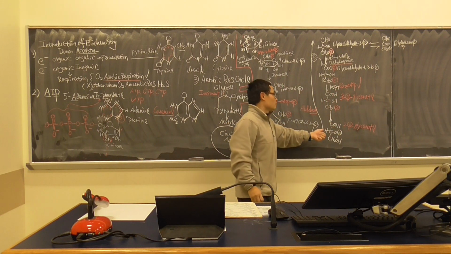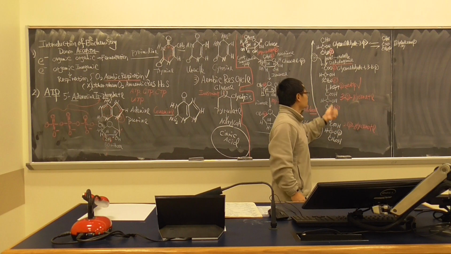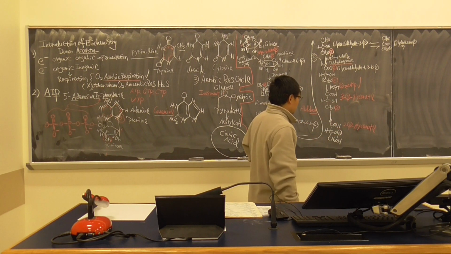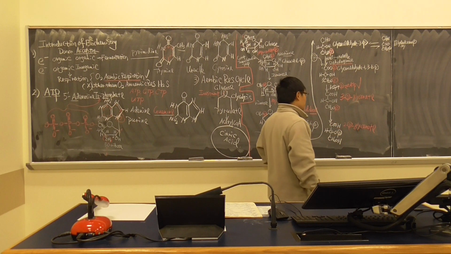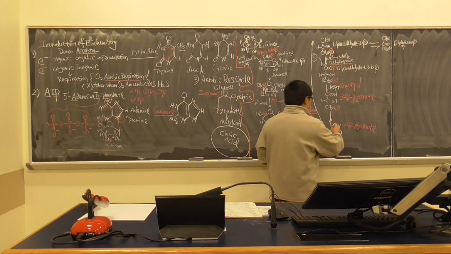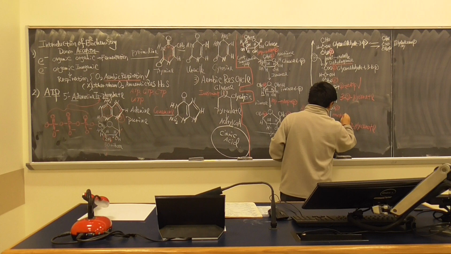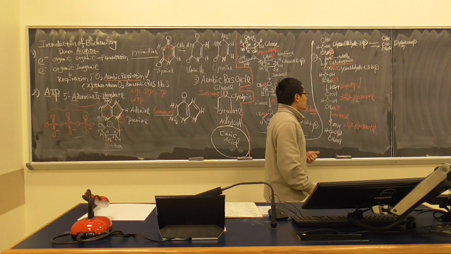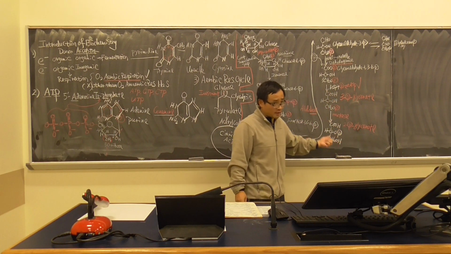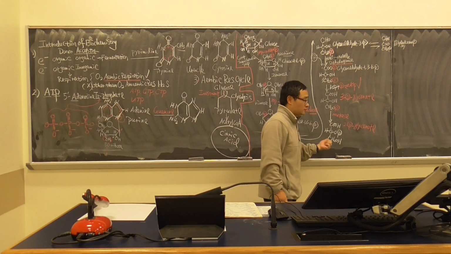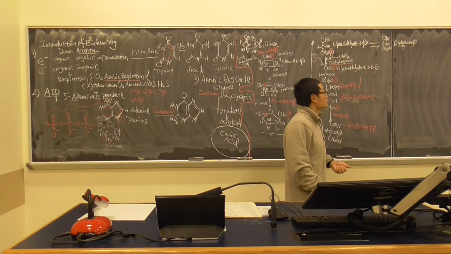Okay, this one you're just moving the position a little bit. 3-phosphoglycerate becomes 2-phosphoglycerate. So this is called phosphoglycerate mutase. And nothing else happened, kind of like isomerization, but we don't say it's an isomerase, it is a mutase.